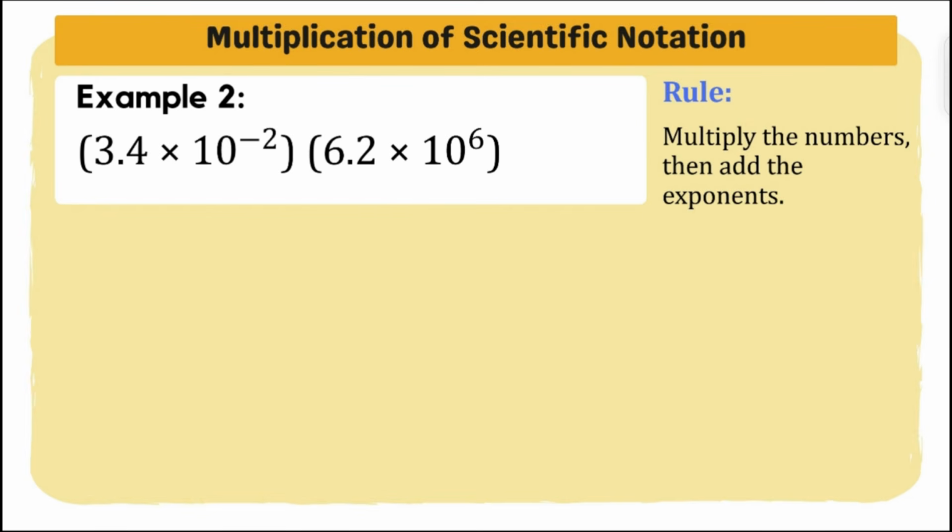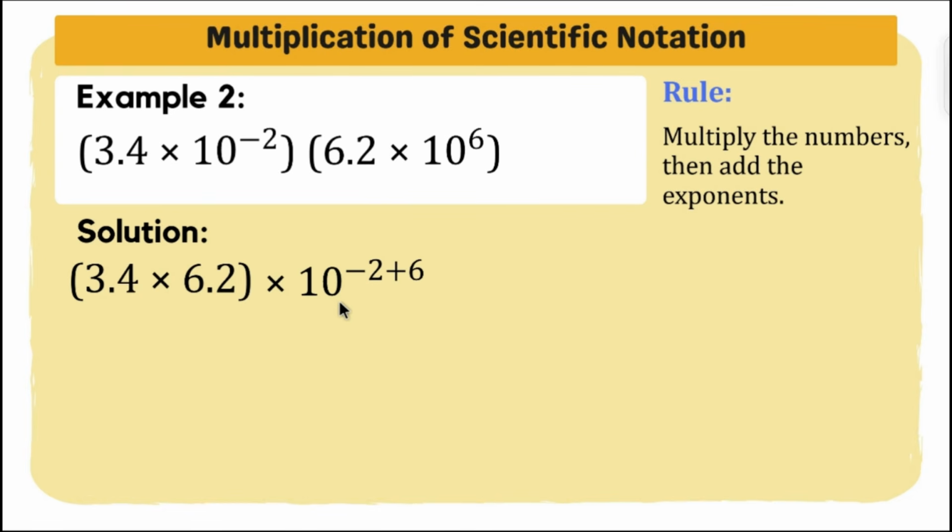Okay, another example, we have here example number 2, 3.4 times 10 raised to negative 2 times 6.2 times 10 raised to positive 6. Okay, so first multiply the numbers, then add the exponent. So we have 3.4, imumultiply lang natin kay 6.2. And then for our exponent, times 10, i-add lang natin raised to negative 2 plus positive 6.